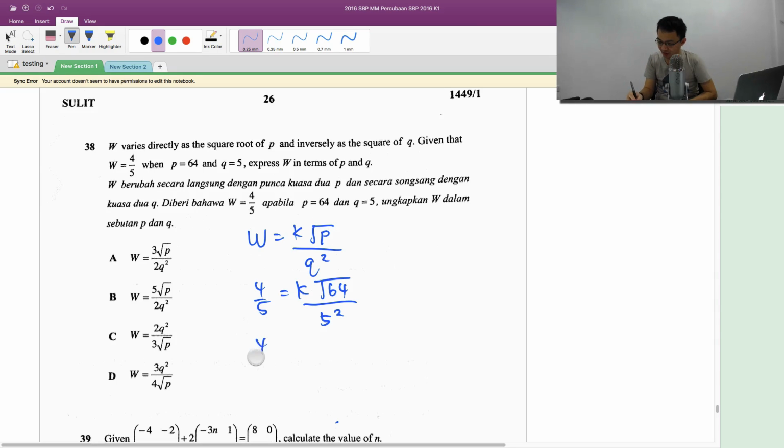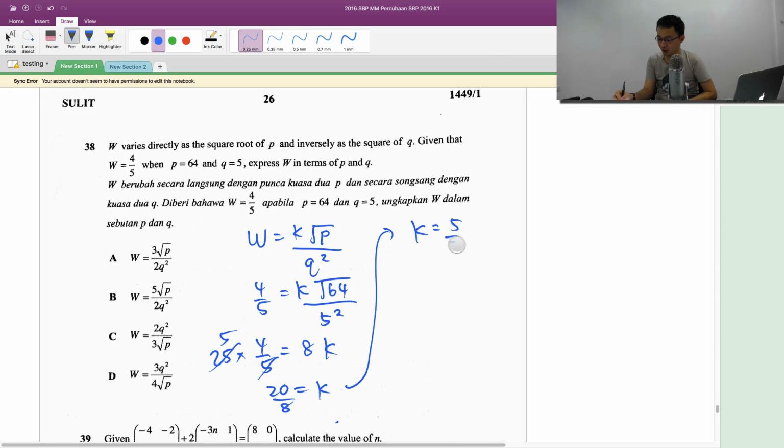We just solve this first. Multiply by 25, and the square root of 64 is 8. I simplify, I get 20 equals 8k, so I move the 8 to the other side and k equals 5 over 2. Then I substitute k back in, so W equals 5 over 2 square root of p over q square.